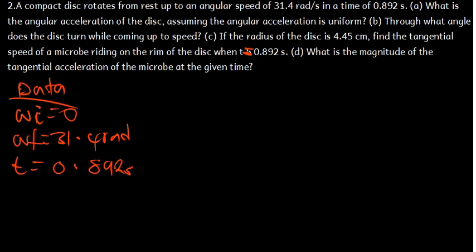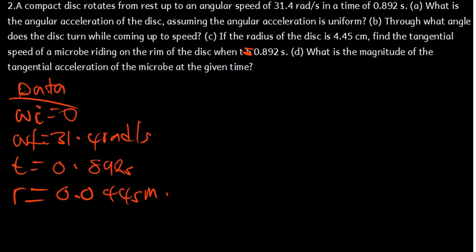We also know the radius. We have been told that the radius is 4.45, so we have to convert that into meters. I'll divide 4.45 by 100 and I'll get 0.0445 meters. Okay, we are done with the data.